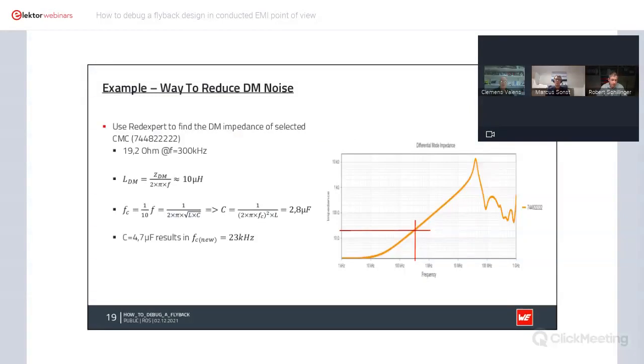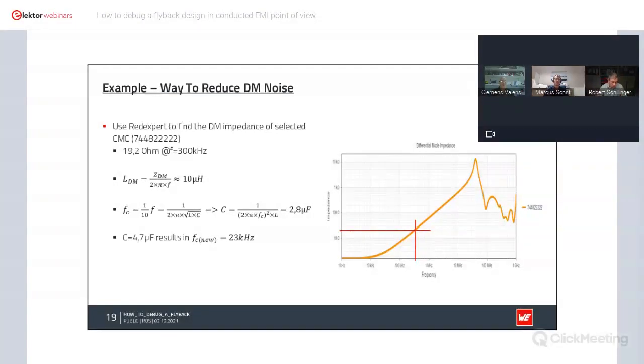And with these calculations, I can read the impedance at 300 kilohertz, and calculate back to the inductance. And if I do this with this formula, I see I have around 10 microhenry.